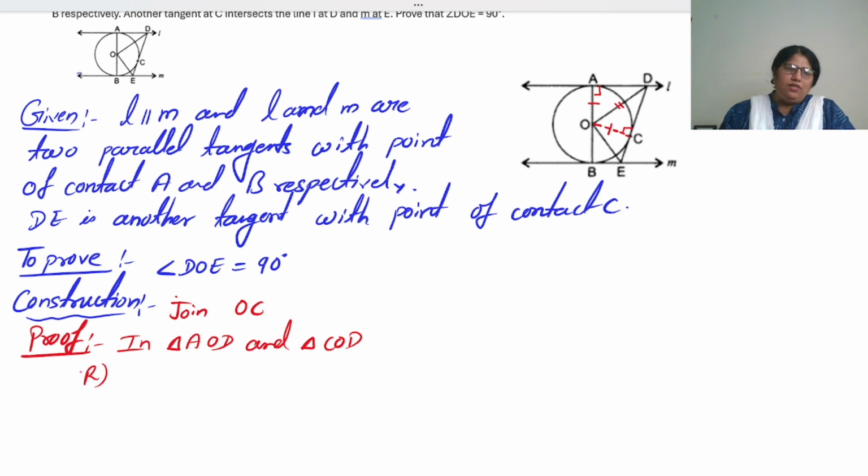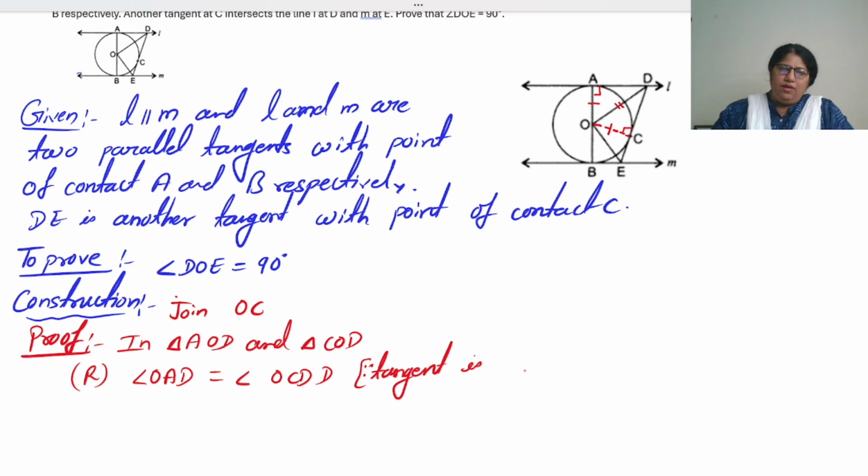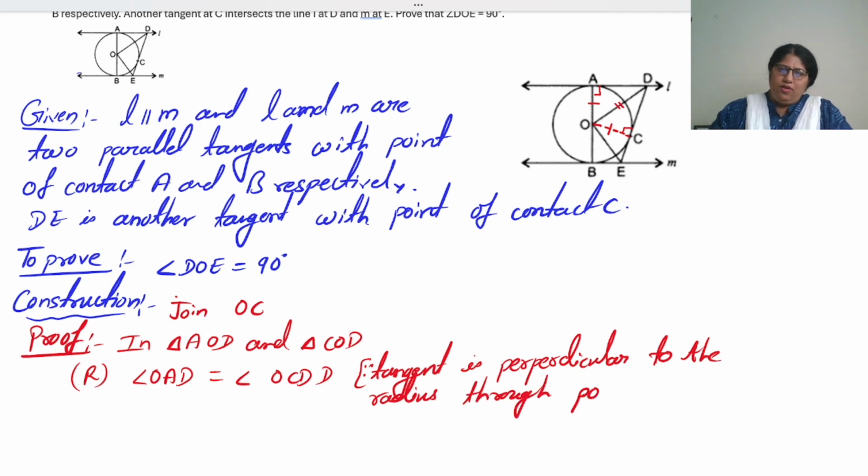So, using RHS congruency. First thing, angle OAD is equal to angle OCD, right? What is the reason here? Tangent is perpendicular to the radius through the point of contact, right?